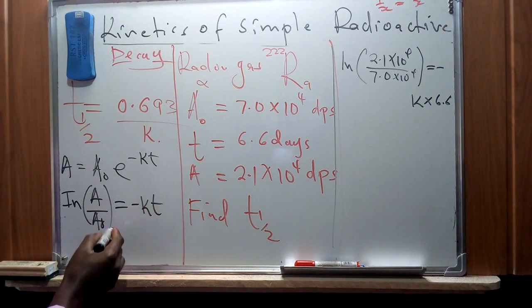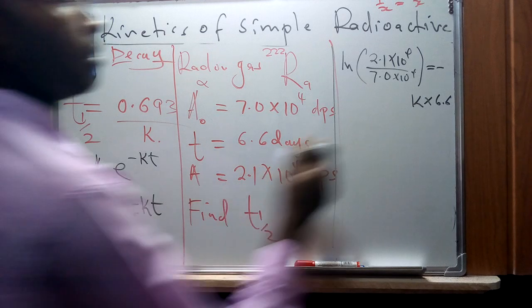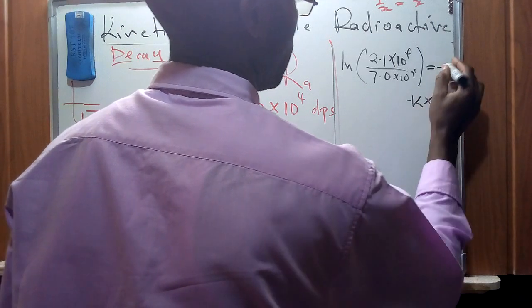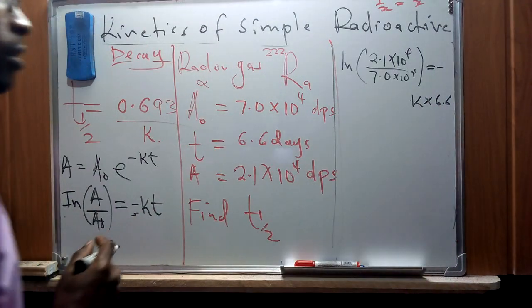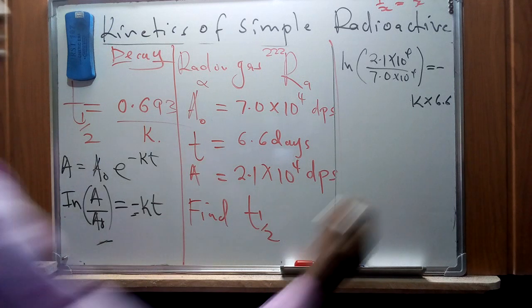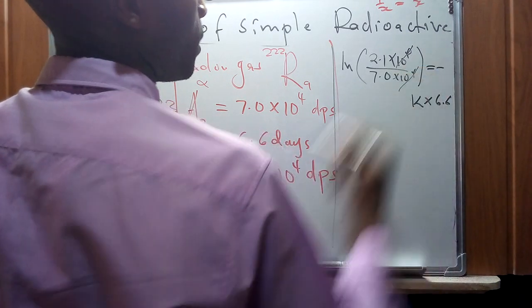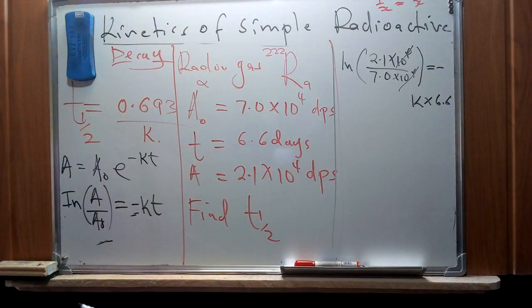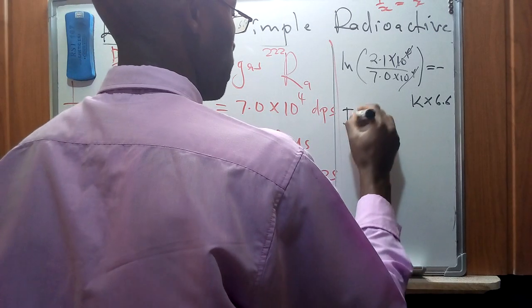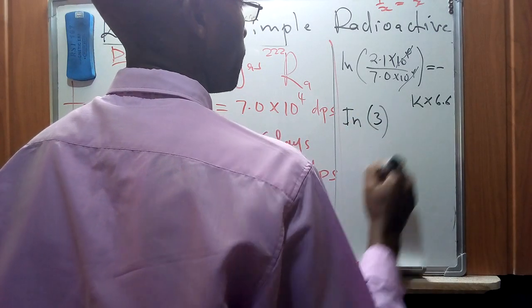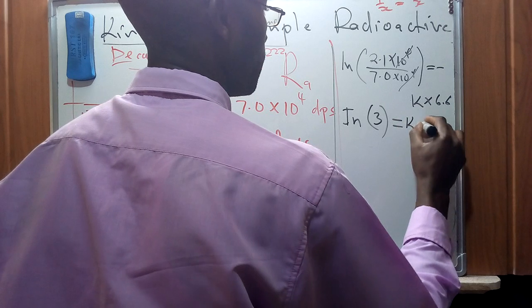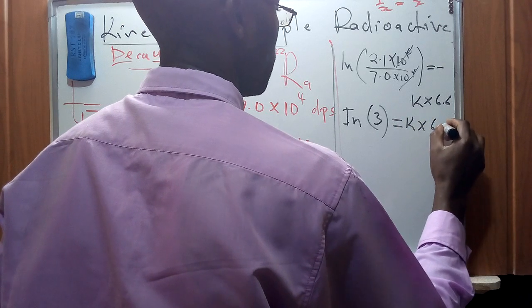Since we have used this formula, we maintain the negative sign for the product on the right side. So the natural log of 3 equals k times 6.6.